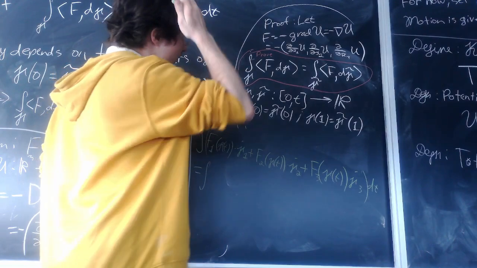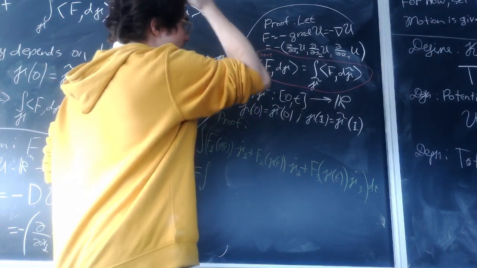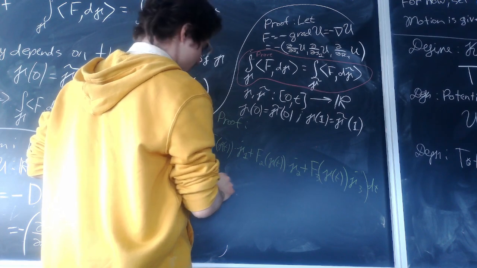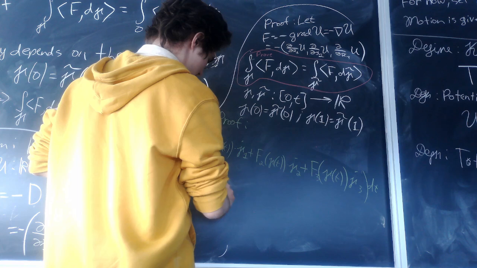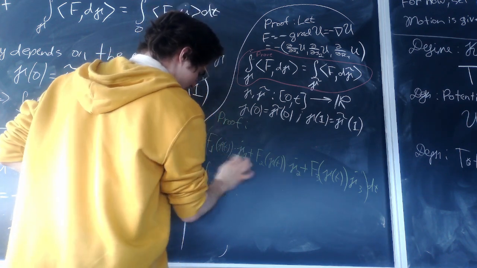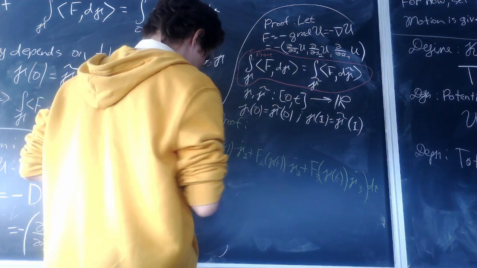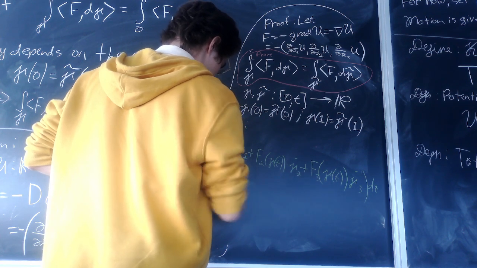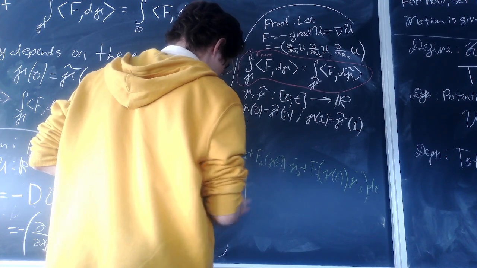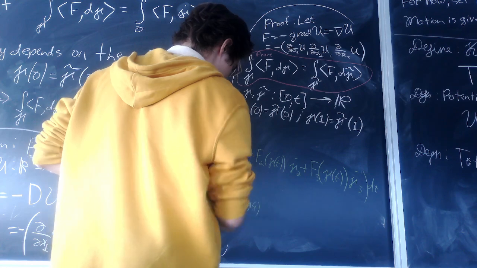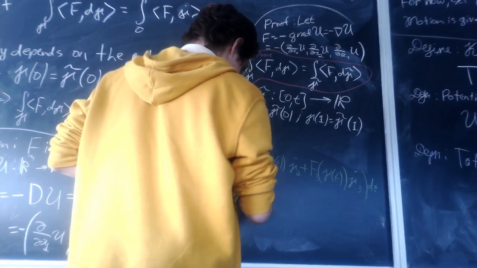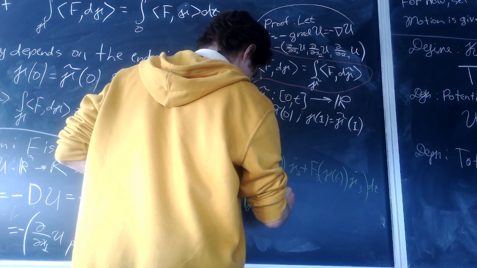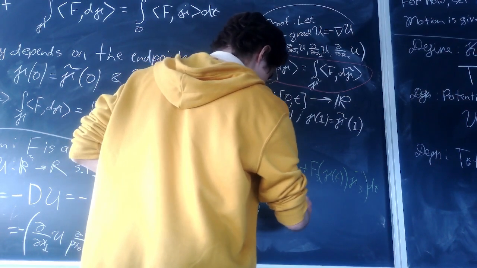So this is the integral of, well, I'll just write this as a sum: the sum of ∂u/∂xi evaluated at gamma of t, times gamma dot i of t, dt.